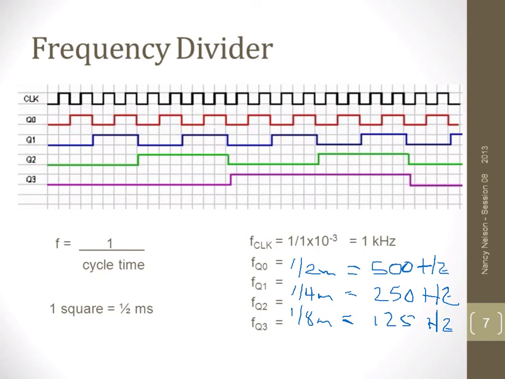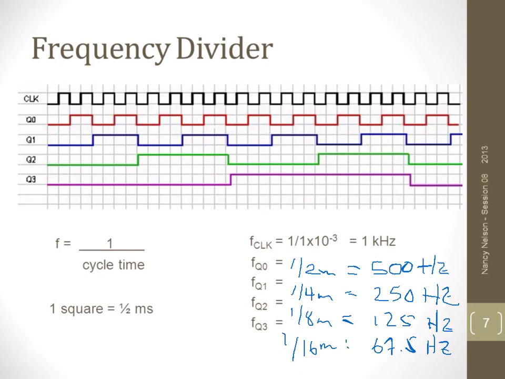And finally, for Q3, we have 32 squares here. 32 times half gives us 16 milliseconds. 1 over 16 milliseconds gives us a frequency from our last output at 62.5 hertz.